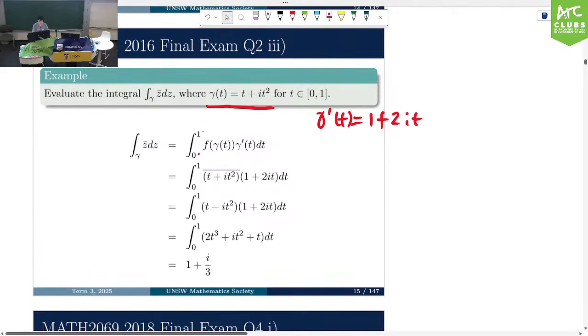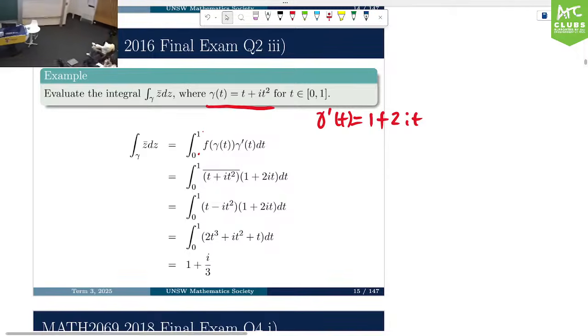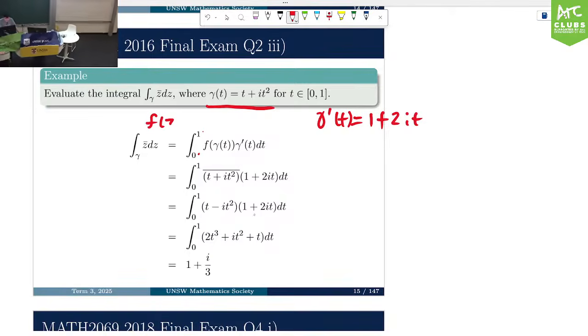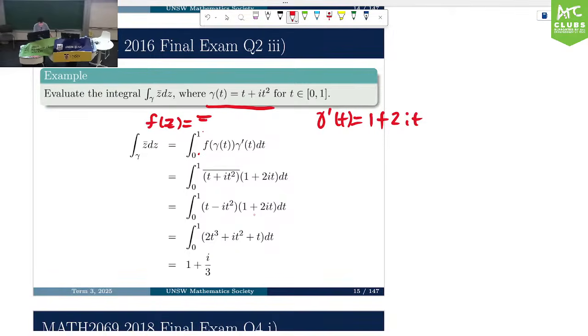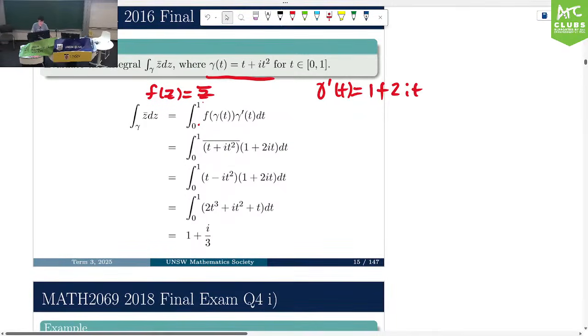And we can just substitute in our formula to become this. Substitute f of gamma(t), or the conjugate of gamma(t), since f in this case is conjugate z. Substitute in here, then just rearrange and integrate it as we do for a real variable, and we should arrive at 1 plus i over 3.